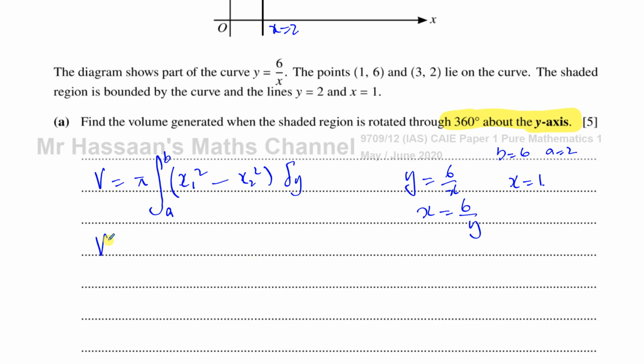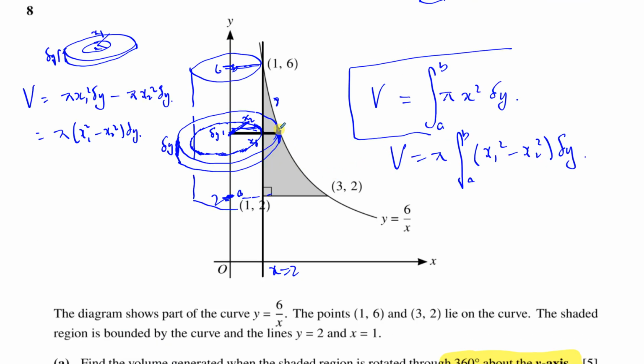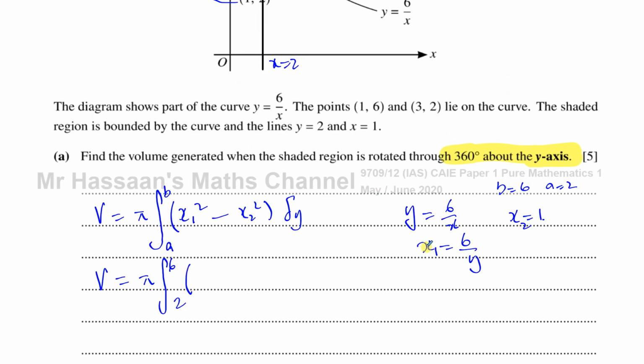So now I can say the volume is equal to, and don't forget the pi, you're going to have 6 and 2 as my limits. I'm going to have x1, the one that's further out from the axis is x1. So this is going to be our x1 when we make x the subject.